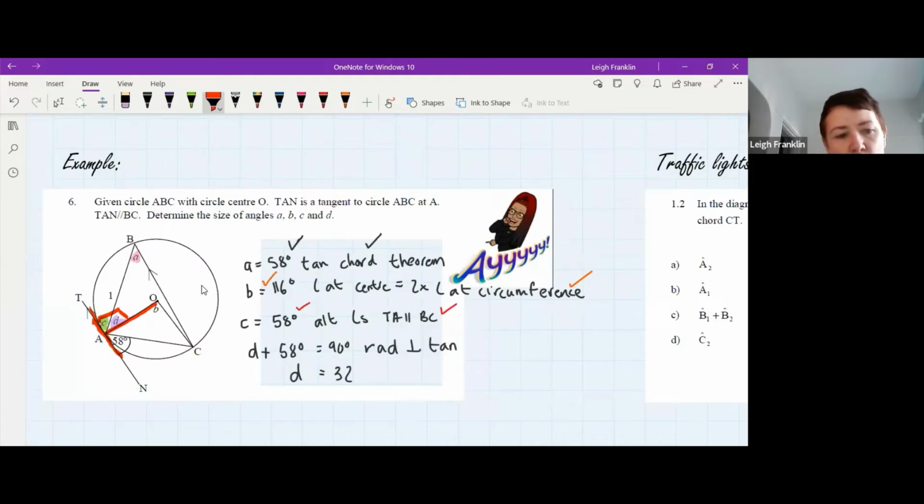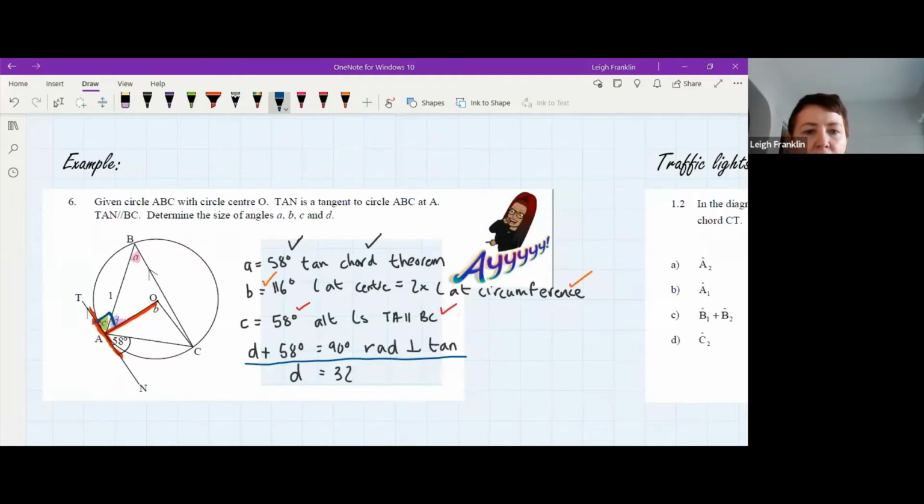Where I have drawn this box over here, that is a right angle. Can you see it a little bit better now? So it's this angle over here that's going to be 90, C plus D, because the radius is perpendicular to the tangent. That's what we're stating over here: radius perpendicular to tangent. Then we can take 58 away from 90 in order to get 32.